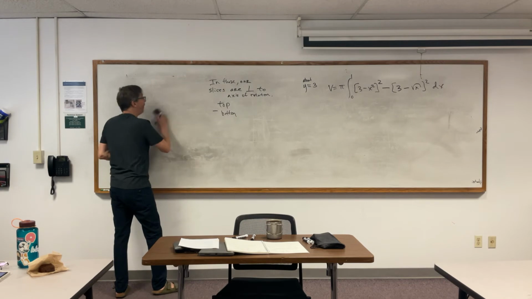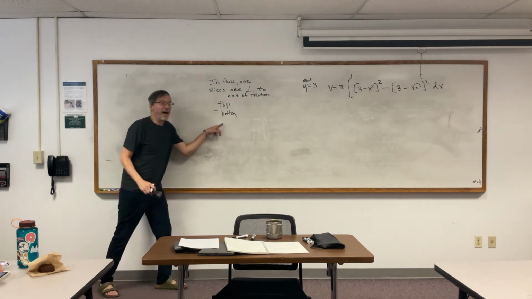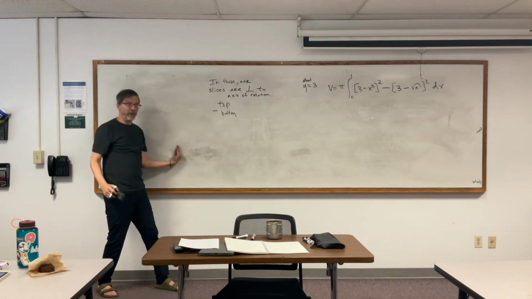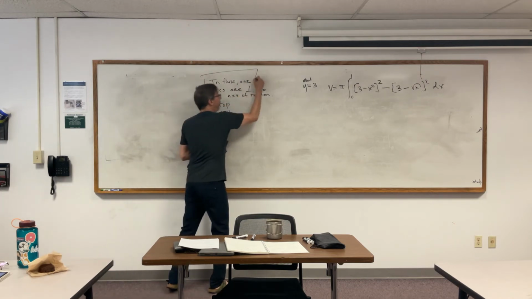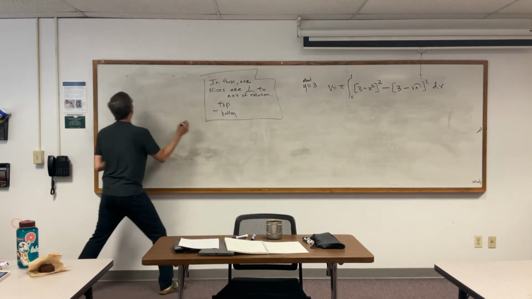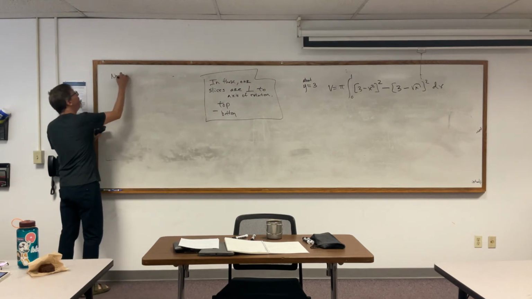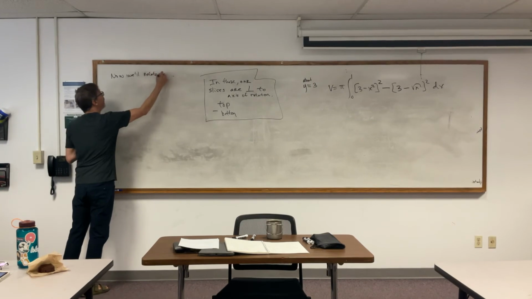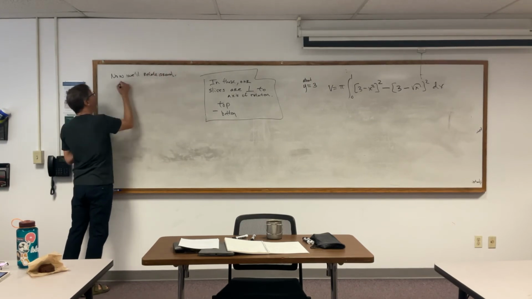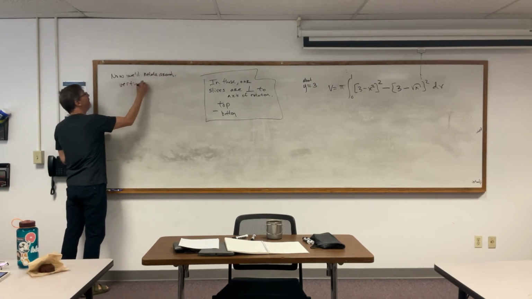So now let's do our slices. And now for this one, instead of top minus bottom, we're going to do right minus left always. So I'm going to keep these two together. Now we'll rotate around vertical axes.